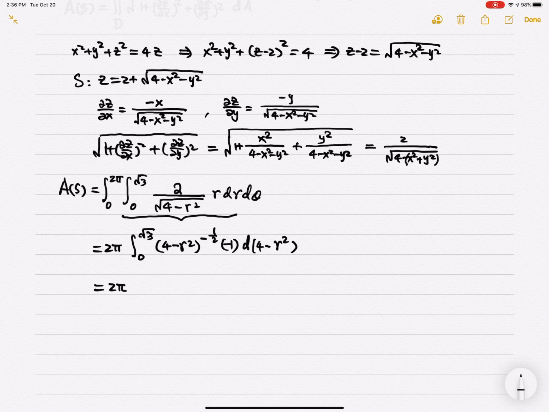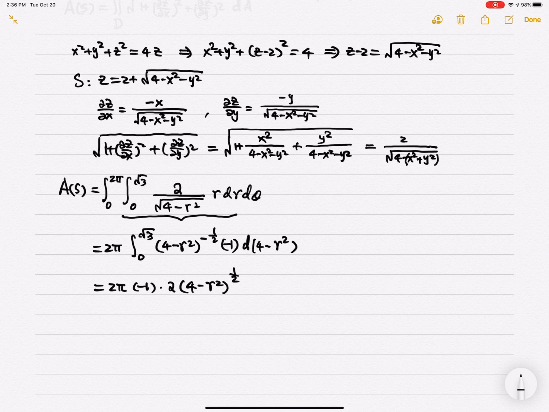If we put this negative sign out, now we know u to the negative half du has the antiderivative 2u to the half. So that's 2 times 4 minus r squared to the positive half.